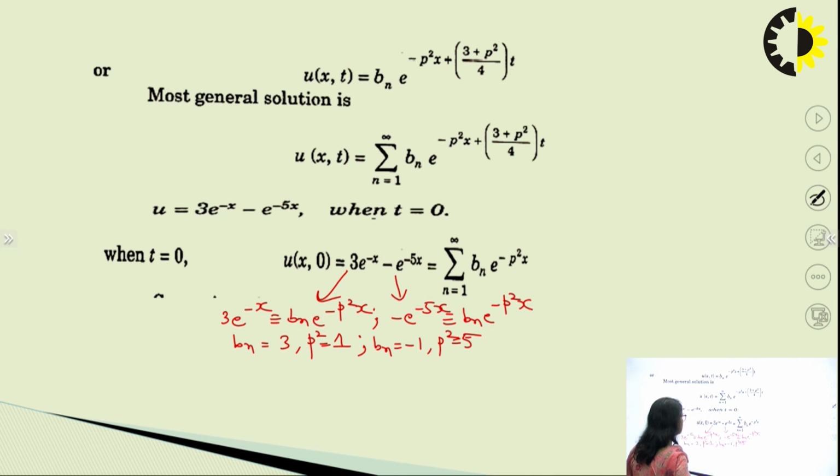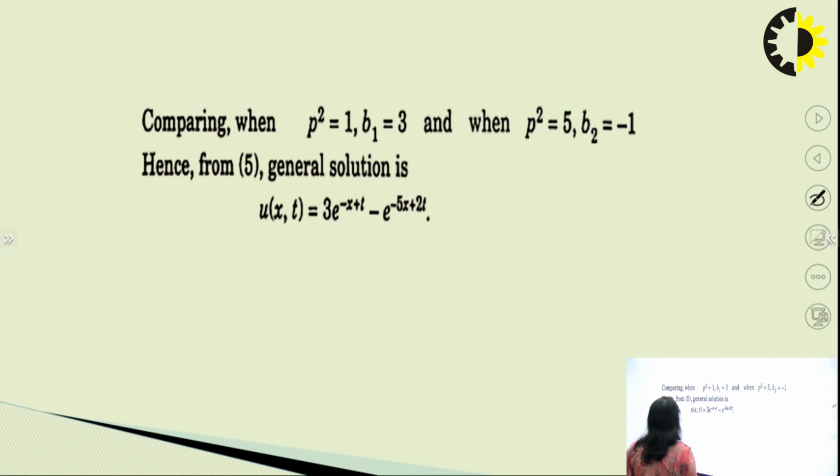So I hope that this is clear how we will compare. Moving on to the next slide, I can see that p square is 1 and b1 is 3. b1 means we are comparing the first term of the given u, and p square is 5 and b2 is minus 1.